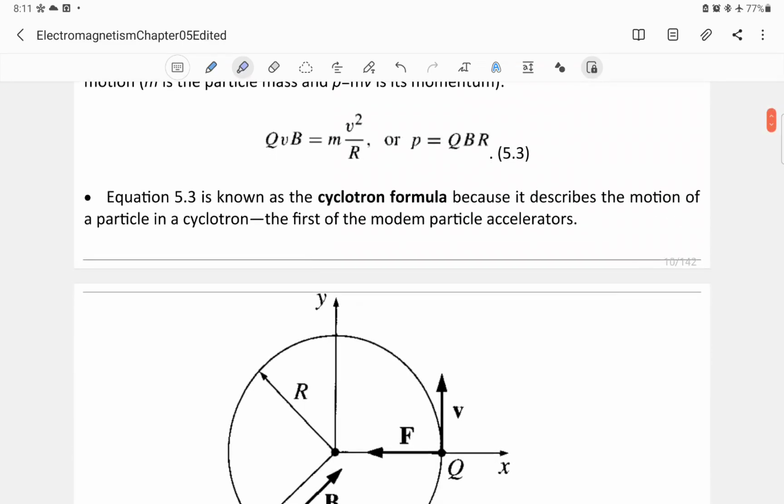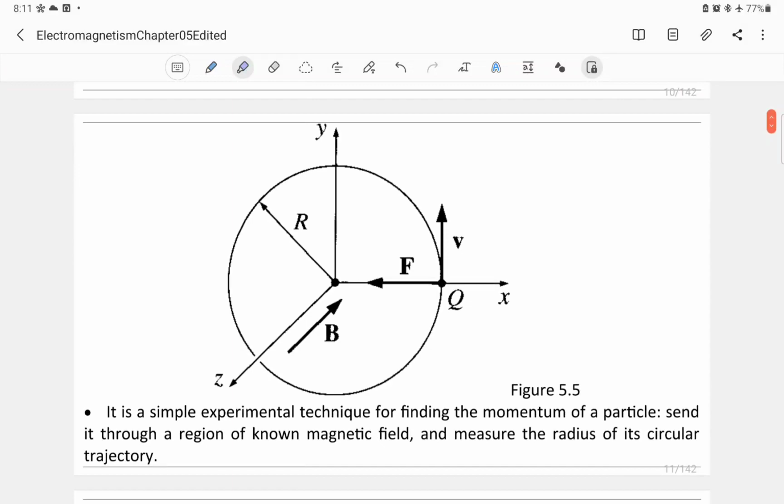So in figure 5.5, you have here a particle, a charged particle, because a neutral particle will never be affected by magnetic field. Only the charged particles are affected by the magnetic field.